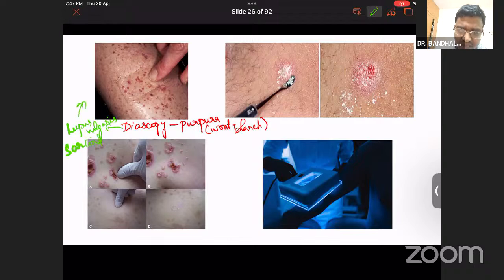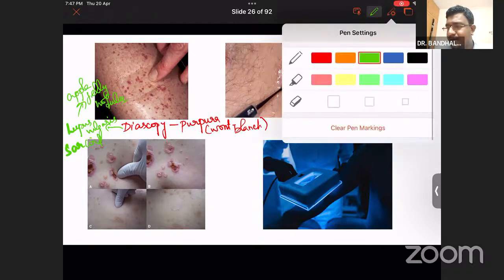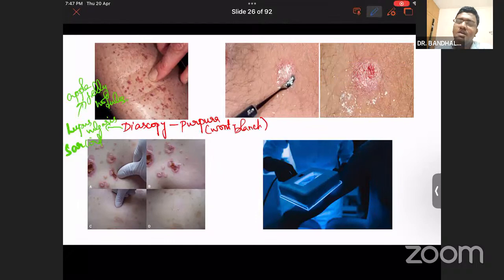Here you will see apple jelly nodules. That is important, diascopy. Apart from that, it is helpful in nevus anemicus, to diagnose nevus anemicus.